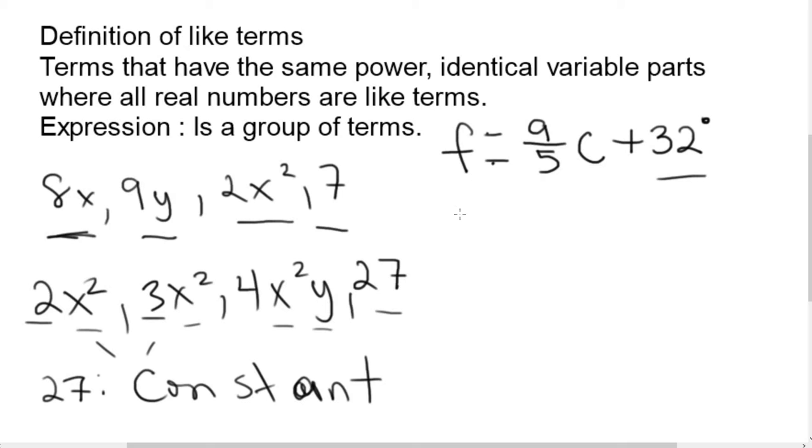So you try the following. We have 3y squared, 2y squared, 3.1y squared. Which are like terms?